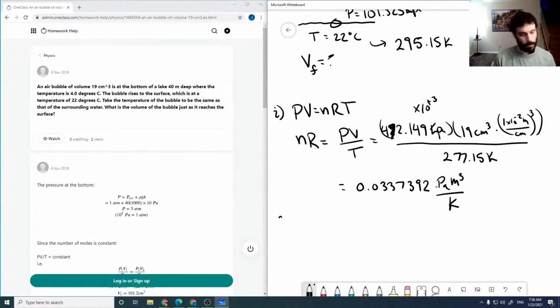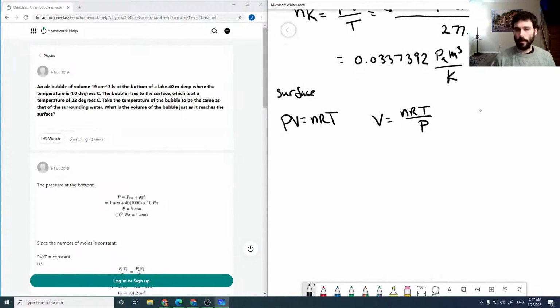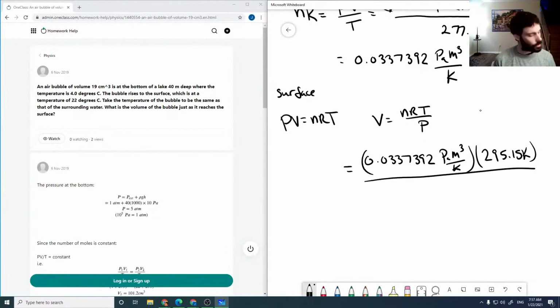Okay, so then at the surface, we have PV equals nRT. Again, we want to know the volume, so our volume is nRT over our pressure. We can use our nR that we just solved for, 0.0337392 pascals meters cubed per Kelvin. Our temperature is 295.15 Kelvin, and our pressure is 101.325 times 10 to the 3 pascals.